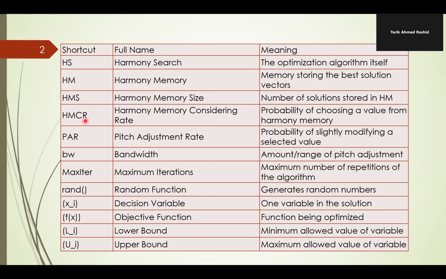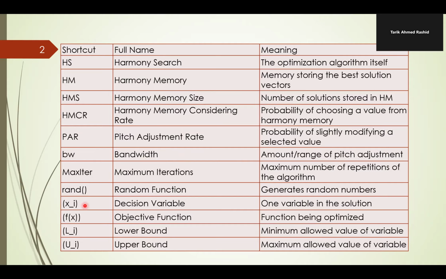HMCR is the harmony memory considering rate, the probability of choosing a value from harmony memory. PAR is the pitch adjusting rate, the probability of slightly modifying a selected value. Bandwidth is the range of pitch adjustment. Maximum iteration is the threshold stopping criterion of the loop of the algorithm.